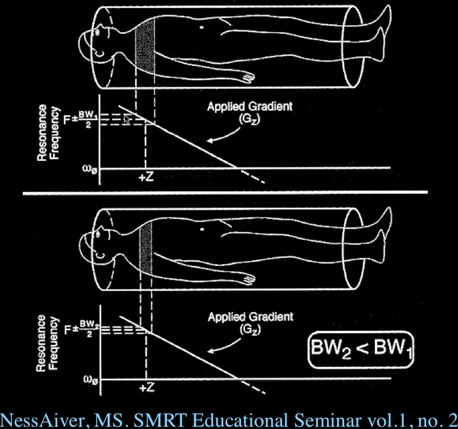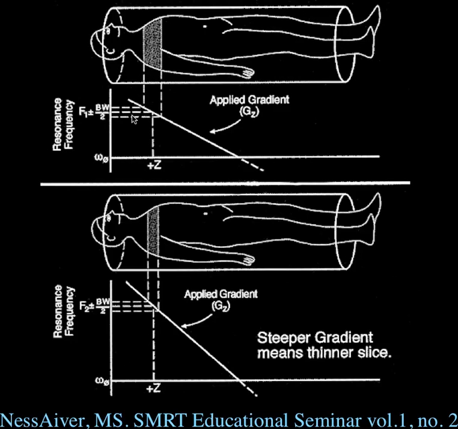Okay, so here's just an example where the gradient is kind of the standard gradient. If I have a thick bandwidth, I get a thick cut. If I have a narrow bandwidth, I have a narrow cut. Now here's a case where we have the same bandwidth on both of them, but this gradient is steeper than that gradient. And if it's steeper, it leads to a thinner cut, thinner slice.